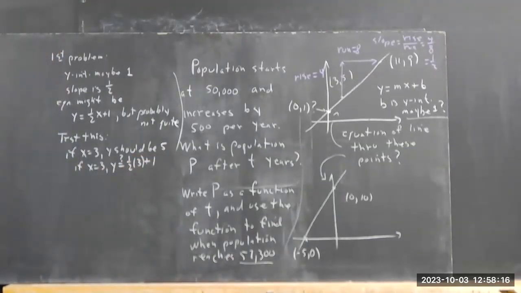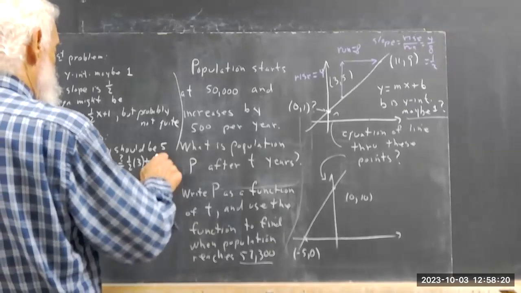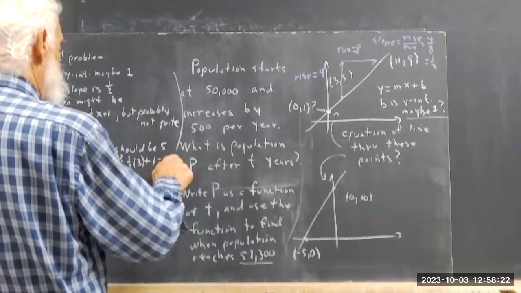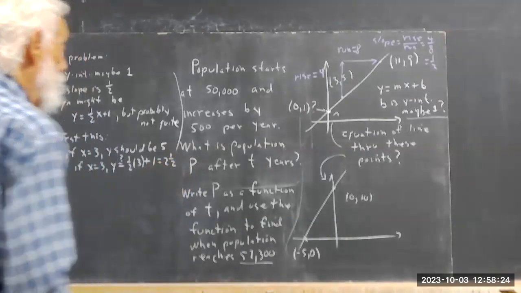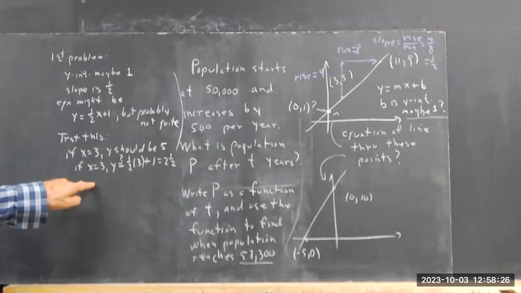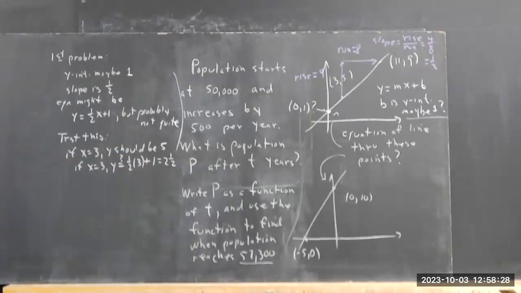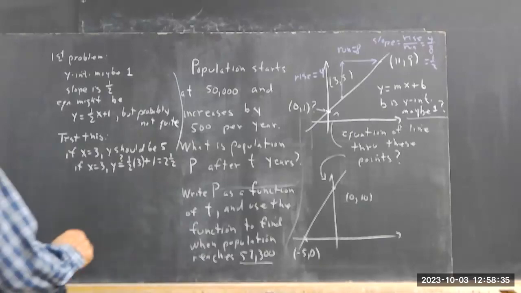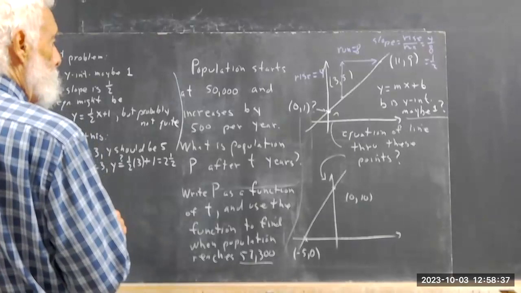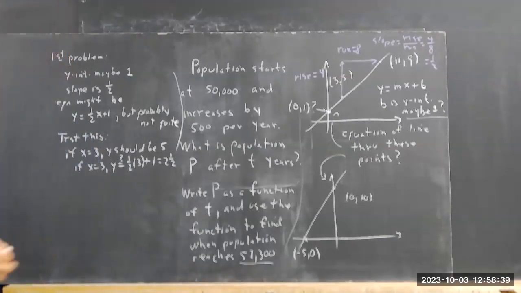Okay. Well, that's 2.5, not 5. Yeah, that's 1/2 of 3. Yes, 1/2 of 3 plus 1. Well, that's not 5.